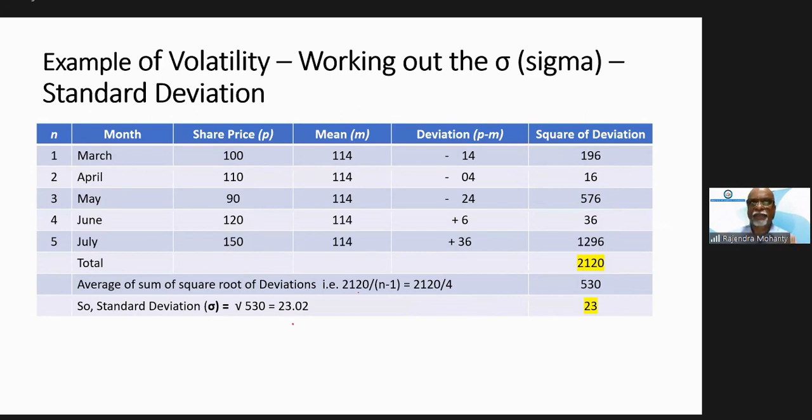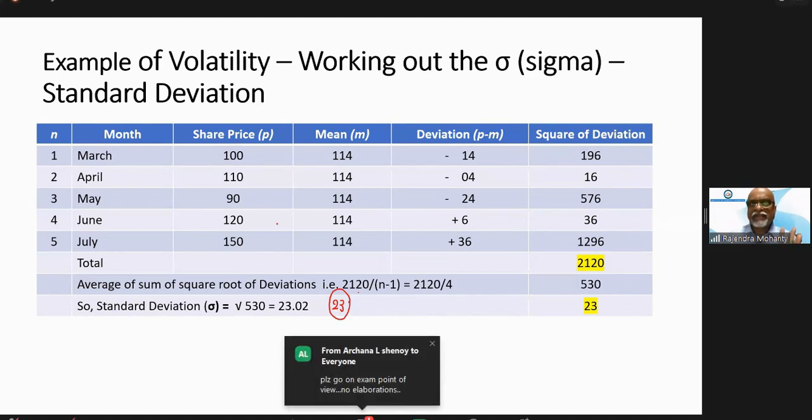So now this standard deviation is 23.02, which is what we wanted to arrive at. What does this 23.02 mean? We round it up to 23.